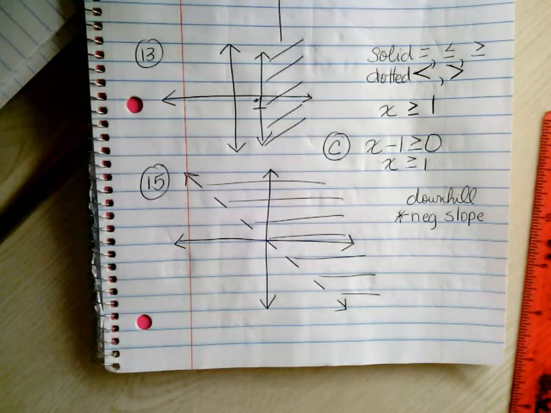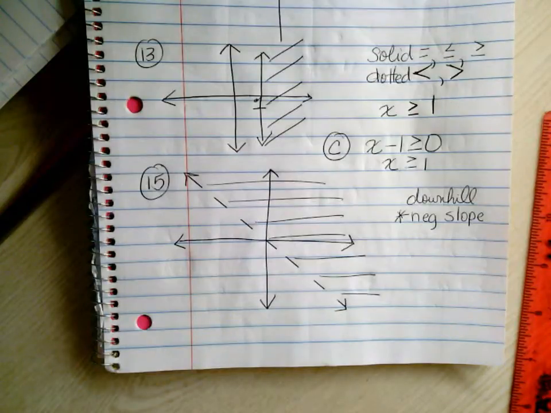A. And A is correct. That's the only one with a negative slope. If you moved B and made it negative y is greater than negative x, you would divide by negative y and it would be y is less than x. So that one wouldn't work because it would be a positive slope.